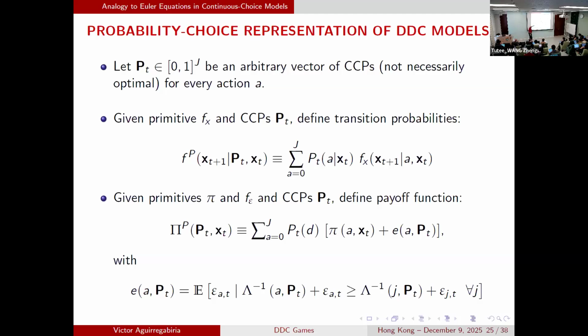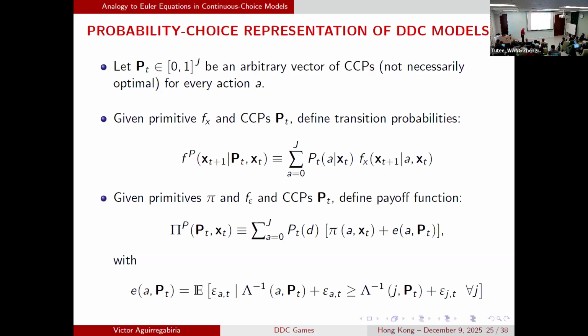What this transition probability tells us is: suppose that we don't know what action an agent has taken, but we know the choice probabilities of taking different actions. Then what is the probability of going from x_t to x_t+1, given that the individual is choosing actions according to these choice probabilities? That's what this transition probability tells.